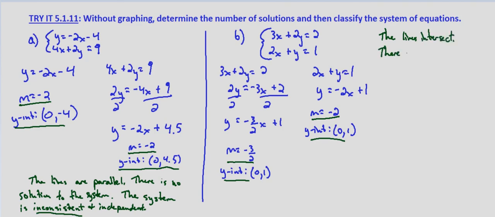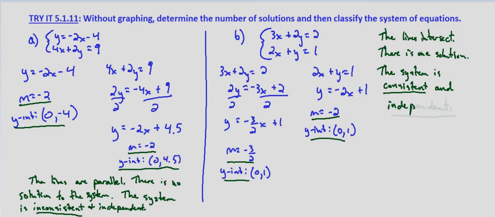There is one solution. We just happen to know in this case, since they have the same y-intercept, that that's where they intersect. And the system is consistent because it has one solution, and independent because they're not the same line.